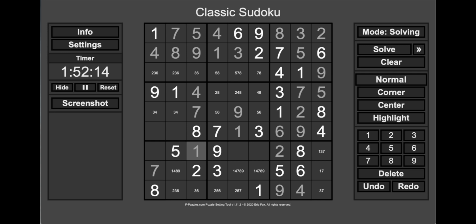Okay, this, I'm still going to end up with 6 not being able to be placed in row 4, I think. 1, 2, 5, 6, 7, 8, 9.